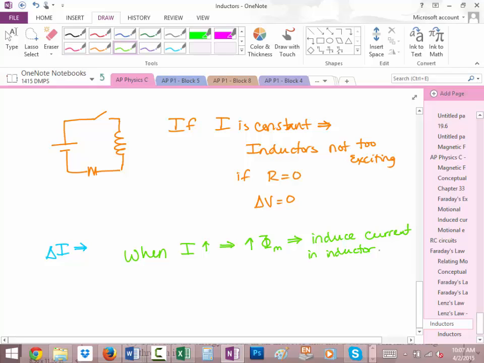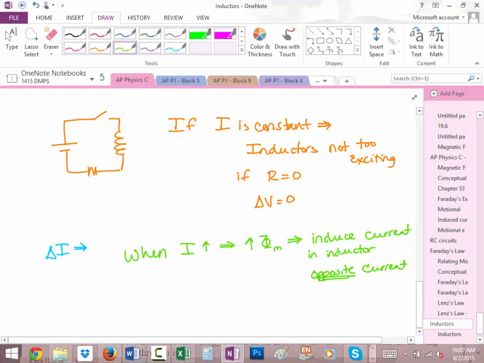In the direction opposite the current, yes. Why? Faraday's law, Lenz's law. It's because of Lenz's law.